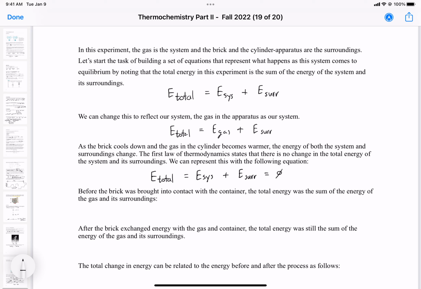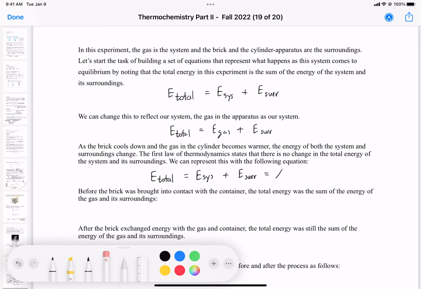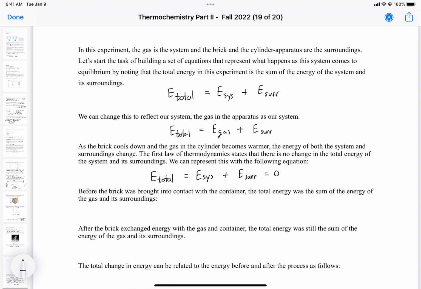So this gives us a handy equation to state that our change in energy of the universe is 0. It shouldn't be increasing or decreasing. So our energy should still be getting lost to the surroundings, or to the system, but we should have a total value of 0.